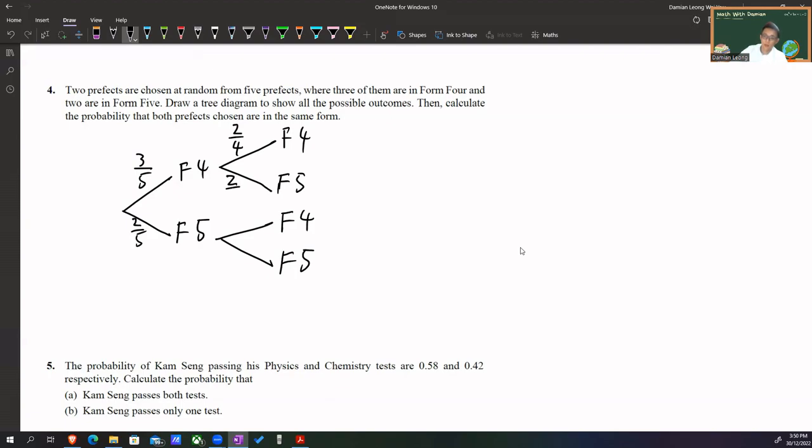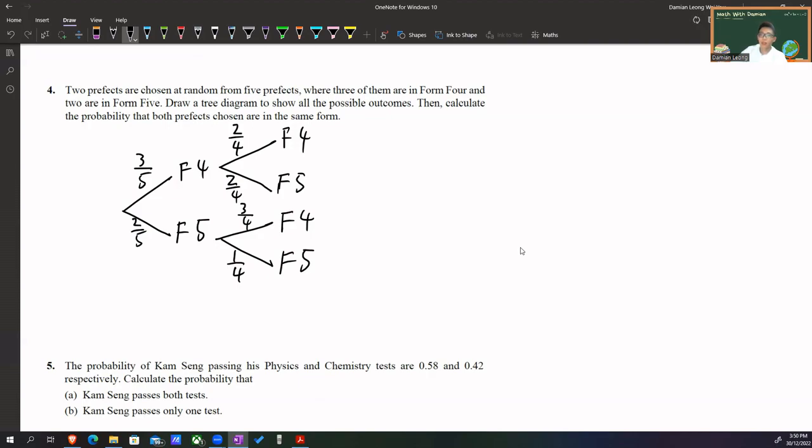So same goes choosing Form 5, 2 over 4. If I choose a Form 5 student first, means I'm left with 3 Form 4 students and 1 Form 5 student. Means the probability of choosing Form 4 students is 3 out of 4. Form 5 students will be 1 out of 4. Yeah, so that will be the tree diagram showing all the possible outcomes.